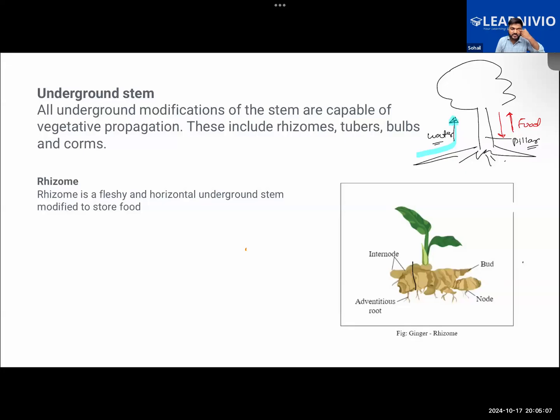Okay, because they are performing functions other than acting as a pillar and other than allowing for the transport of water and minerals. So all underground modifications of the stems will be capable of vegetative propagation, meaning that from them a new plant can be grown. And the different types of modified stems have been categorized into different types.